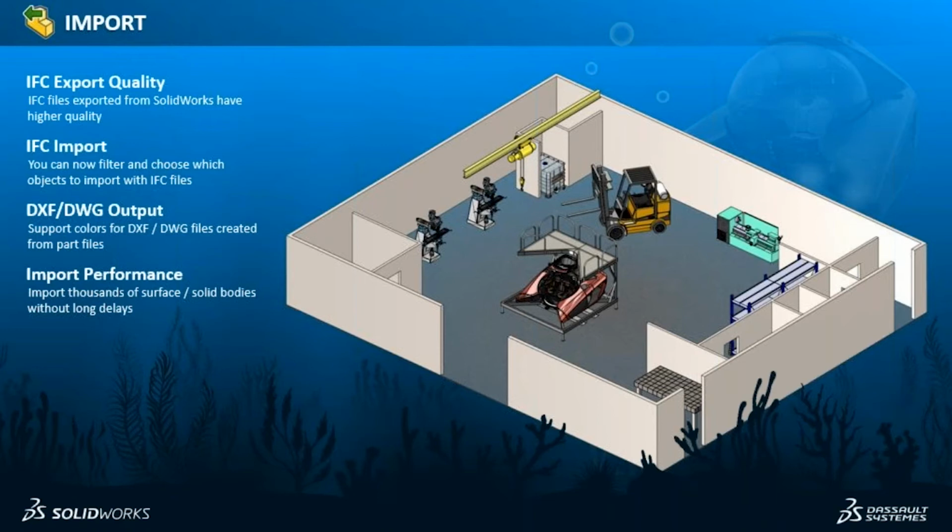Hey, I've got a SOLIDWORKS model, Rob, and I either need to send this to somebody who is an architect in the building systems space, or I'm receiving that data. But this is another new common request that we have from our customers. How do I interface with the building systems environment and those architects?